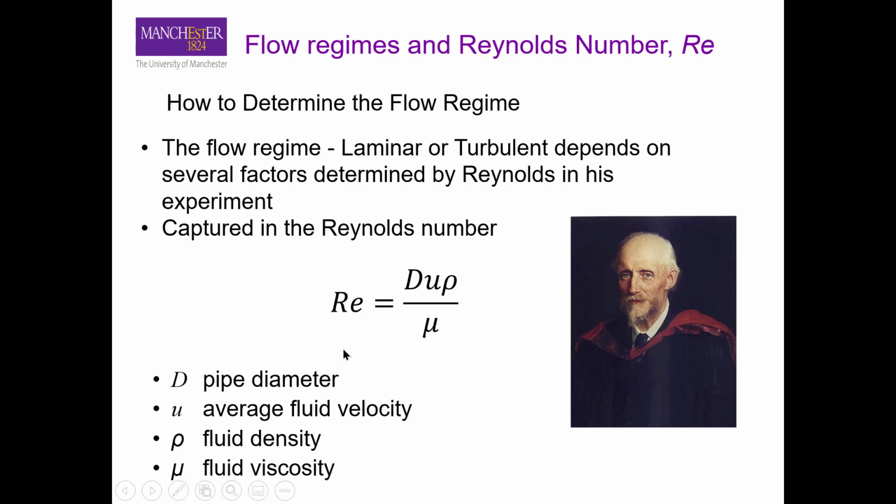So he came up with a dimensionless number, which we call the Reynolds number, and that is equal to the diameter of the pipe times velocity times density divided by the viscosity. These are the factors that tell you when the fluid is going to transform from laminar to turbulent flow.